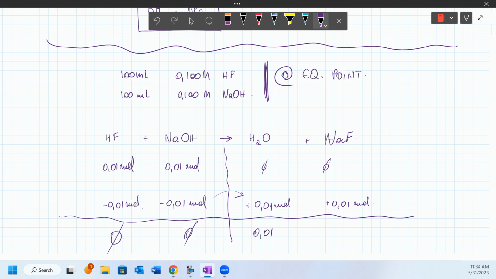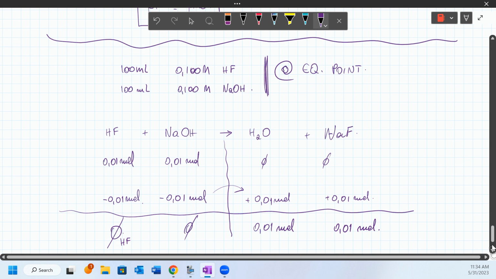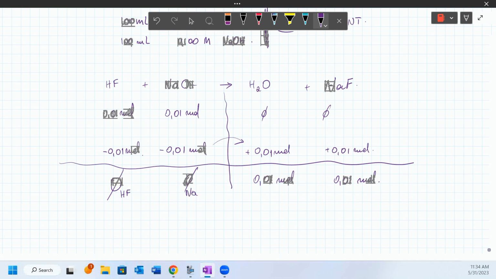And for water, we will have 0.01 mole, and for sodium fluoride, we will have 0.01 mole. So 0 moles for HF, 0 moles for NaOH, 0.01 mole for water, which doesn't affect the pH value at all, and 0.01 mole for sodium fluoride, which in aqueous solution is broken down into sodium and fluoride.